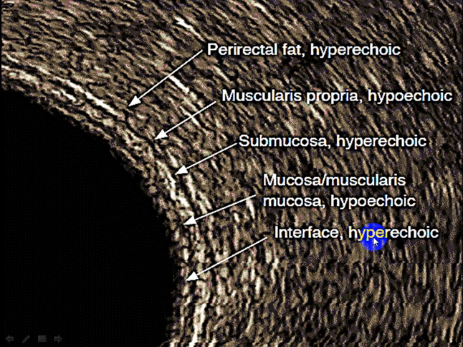Interface is hyperechoic. Mucosa is hypoechoic. Submucosa is hyperechoic. Muscularis propria is hypoechoic, and perirectal fat is hyperechoic. If there is any abnormal lesion, for example a mass, whether intraluminal, intramural or extramural, it can be detected.